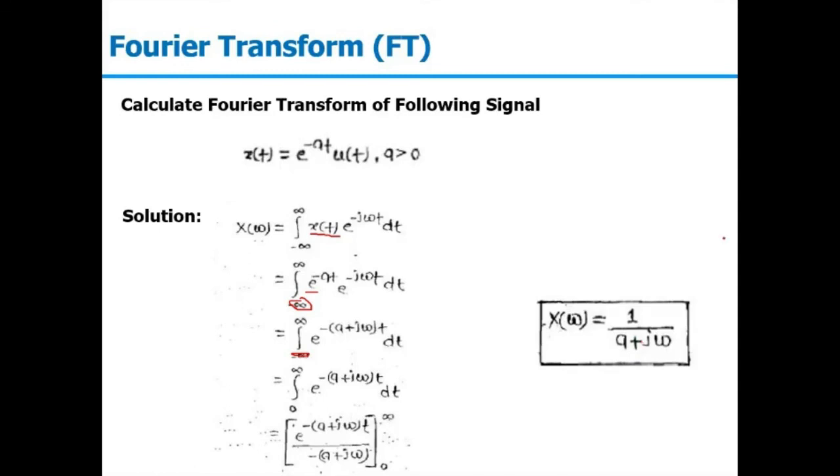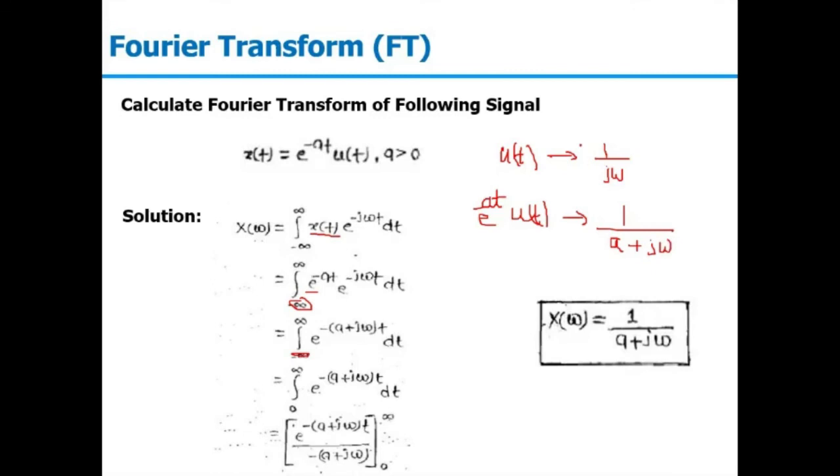Now, if you see these two examples, u(t) has a Fourier transform of 1 upon jω, and e^(-at) u(t) has a Fourier transform of 1 upon a plus jω. So here we are using a property of the Fourier transform that we will study in the next lecture.